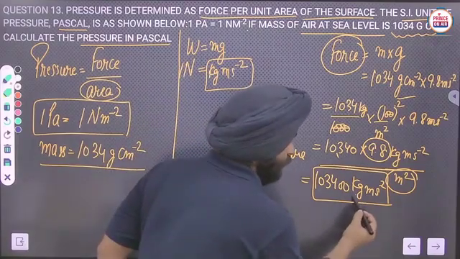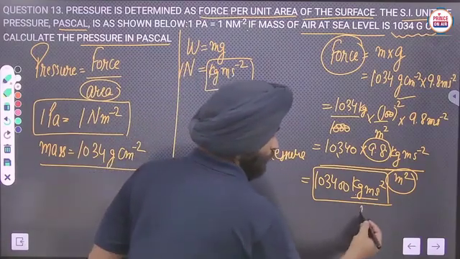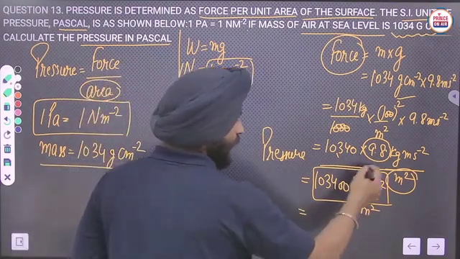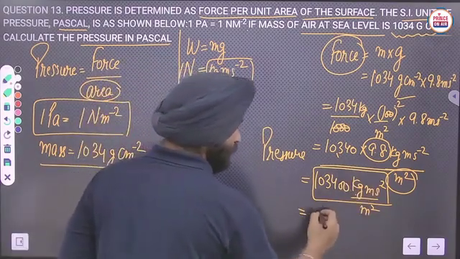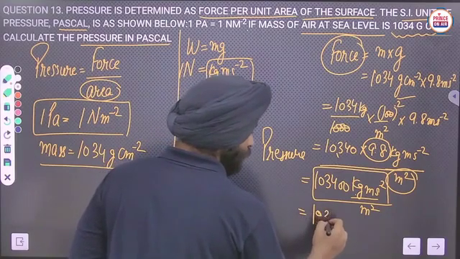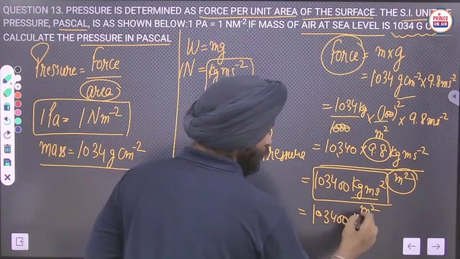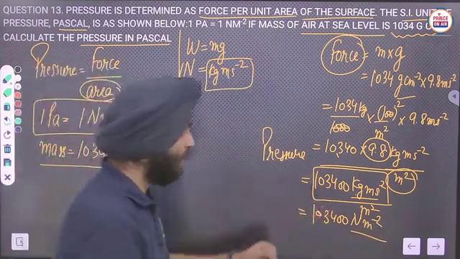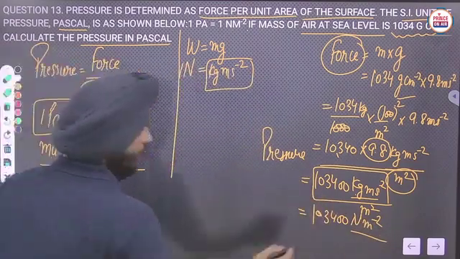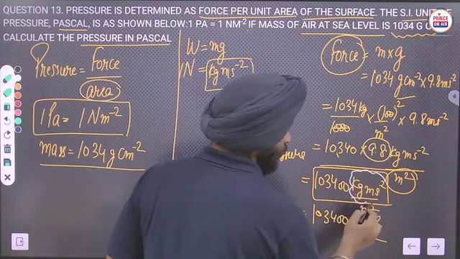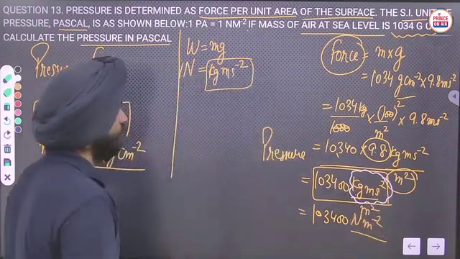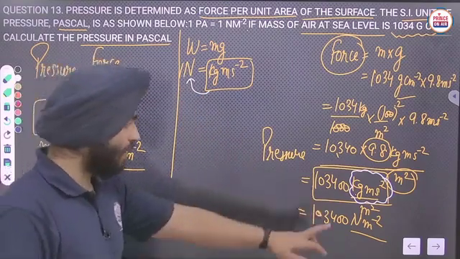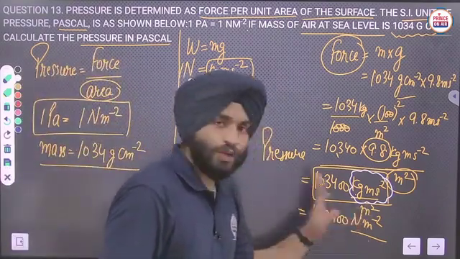Upon meter square, so here I can write it as Newton. So 103400 Newton per square meter. Yes or no? In terms of this value, kilogram meter per square second, I can write Newton here, and it will become Newton per square meter.